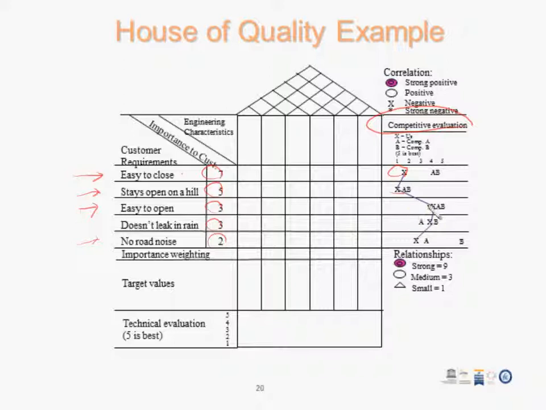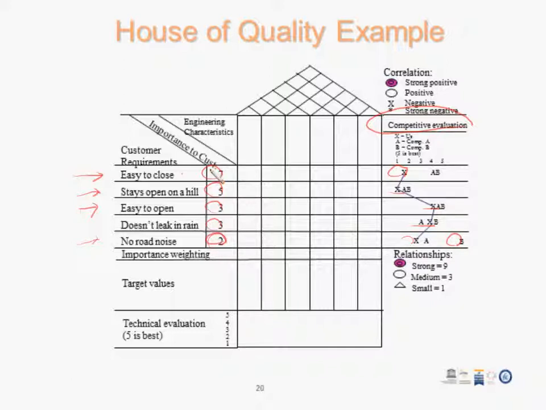The third one, ease to open, is also similar. For don't leak in rain, X is in the middle of competitors A and B. And for no road noise, B is very good, but X is bad. When you compare to competitors, the last one, no road noise, is quite different. It's very bad, but from the customer's point of view it is not important.